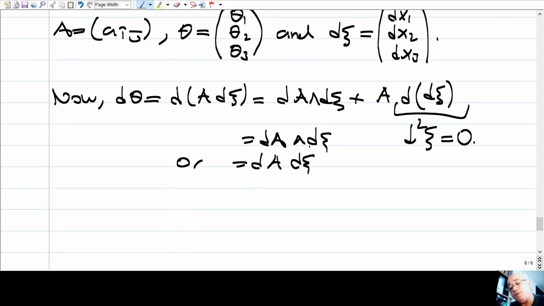However, for simplicity, we don't put this wedge here. We just write it like this, keeping in mind that they are multiplied as one forms using the wedge product.